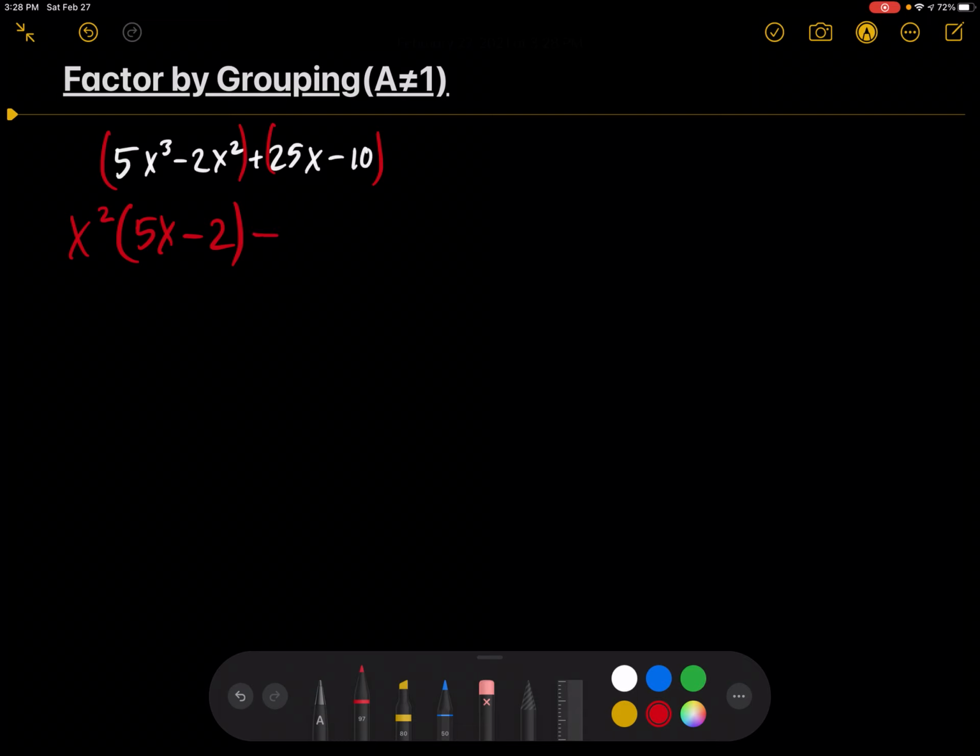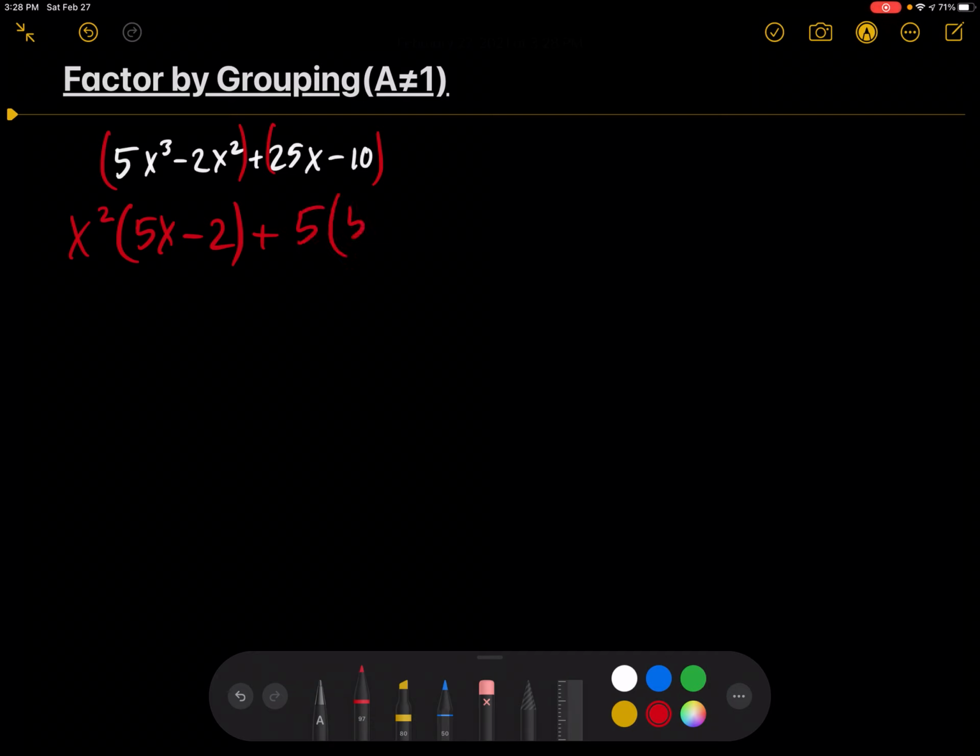And then on this right side, 25x minus 10. So again, once you get good enough, you should be able to just think about it. What goes into 25 and what goes into 10? Well, 5. 5 is the highest number that goes into both of those numbers. So if you take out a 5 out of those, what are you left with?